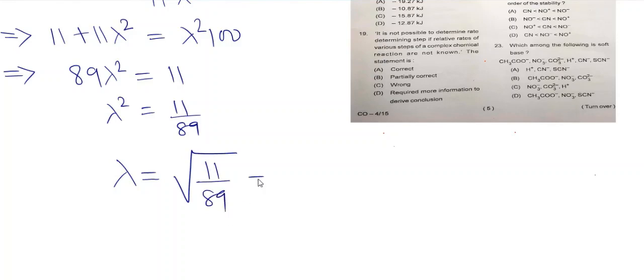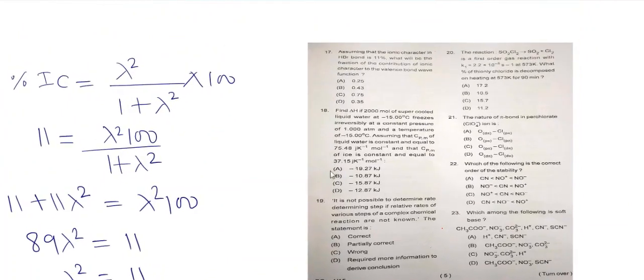When you solve the calculation, you will get 0.35. So the correct answer is option D, 0.35. So this question is solved.